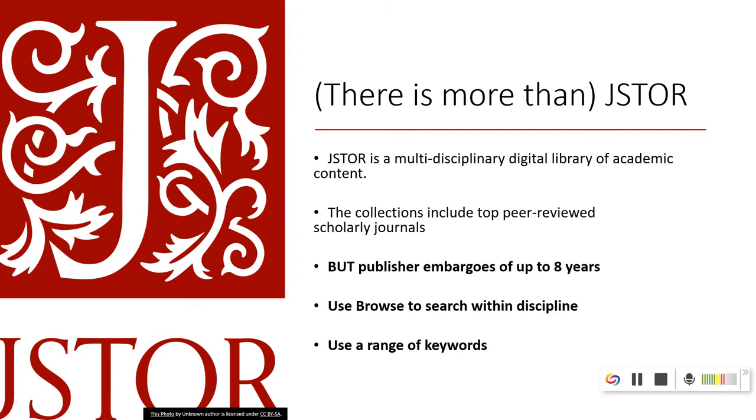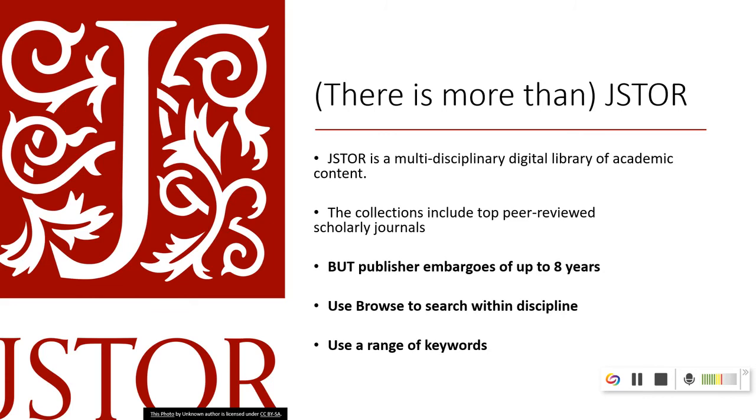JSTOR's good, and it's got peer-reviewed scholarly journal articles, but JSTOR is a back catalogue of journal articles, and there are very few journals on it that are right up to 2020. A lot of them will have publishing embargoes on them, which means that they won't publish the most recent articles from anywhere between 4 to 8 years.